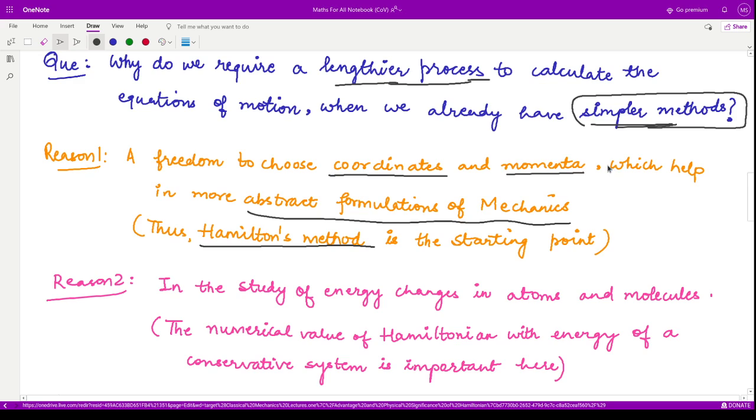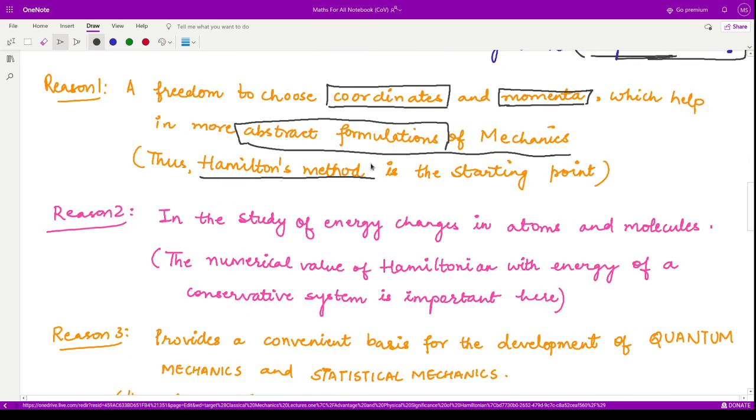So we can talk about abstract things which are not based just upon displacements and the simple velocities that we talk about. We can have other things also. This approach, based upon coordinates and momenta, keeps these two things on equal footing, so it forms a base for other abstract formulations.